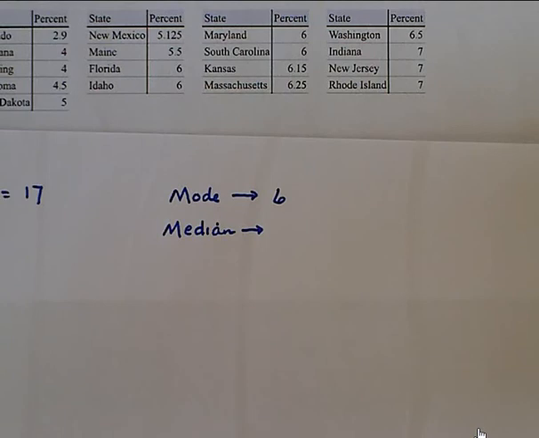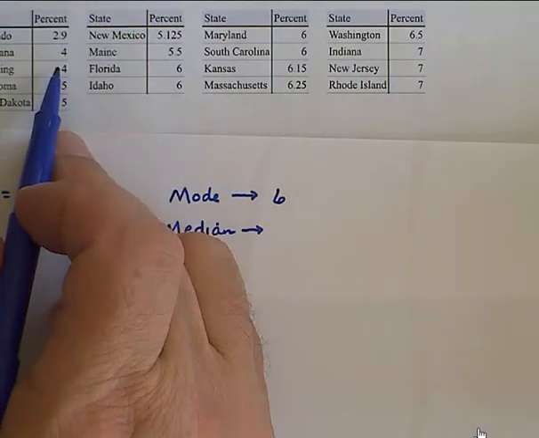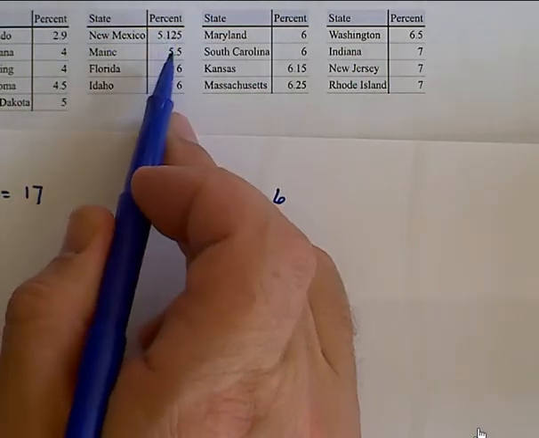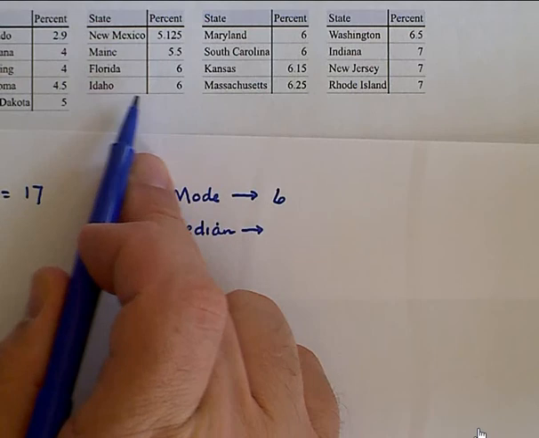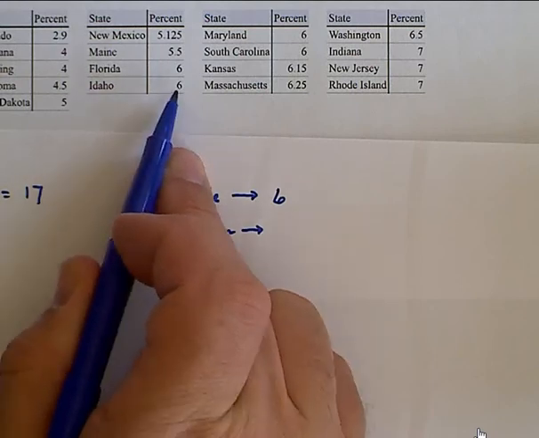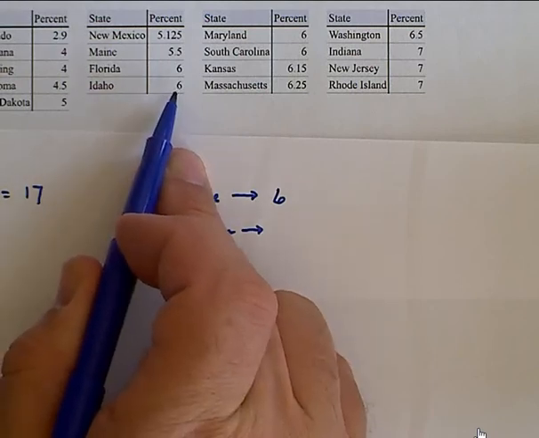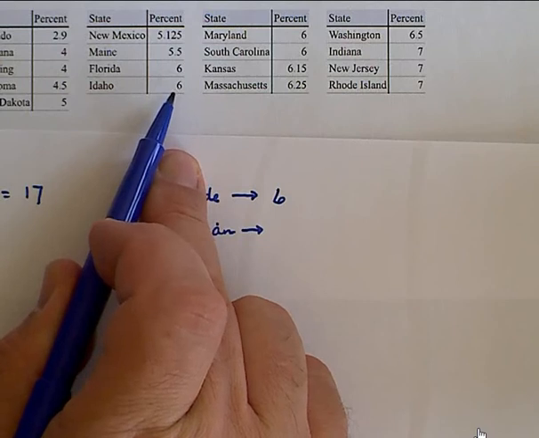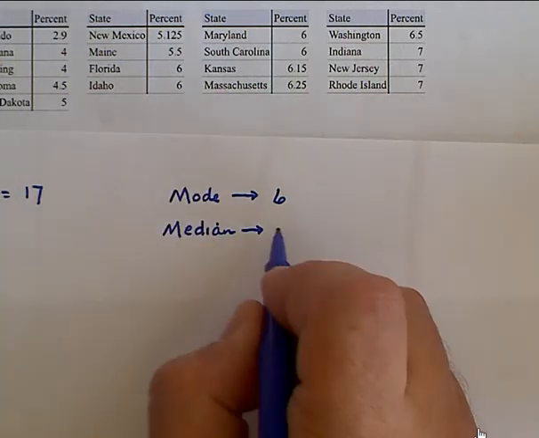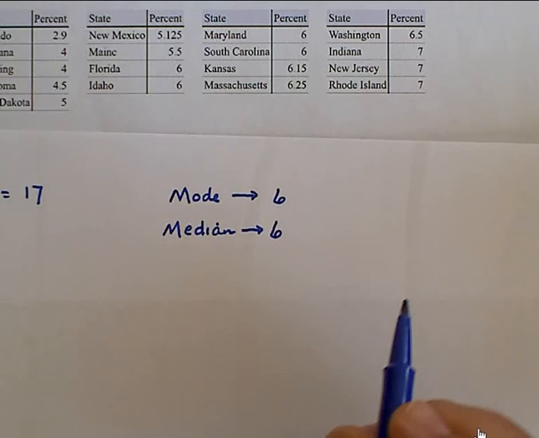So I'm going to count in 8. The 9th number is going to be my median. So 1, 2, 3, 4, 5, 6, 7, 8. It looks like Idaho and 6 is the 9th item. So it is the one in the middle. So my median is also a 6.